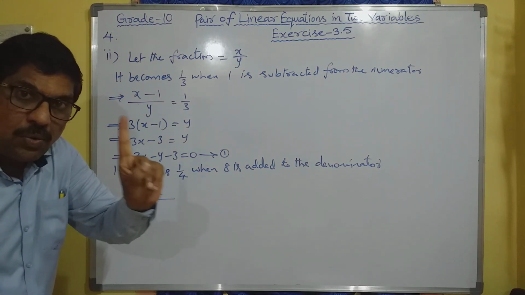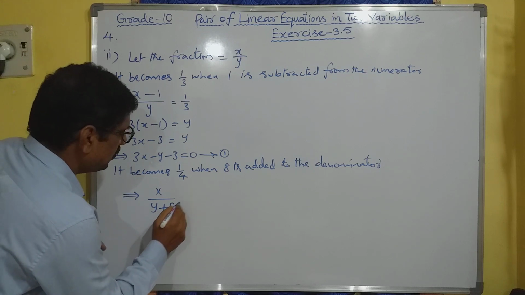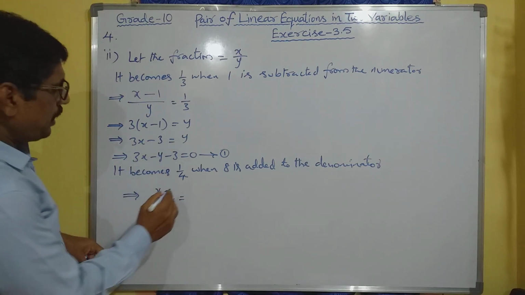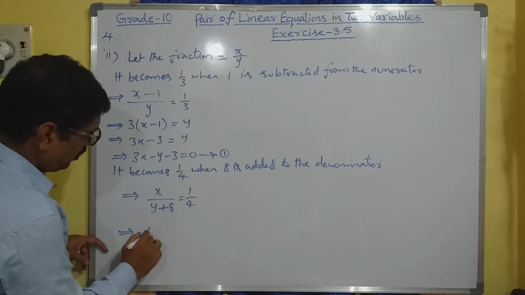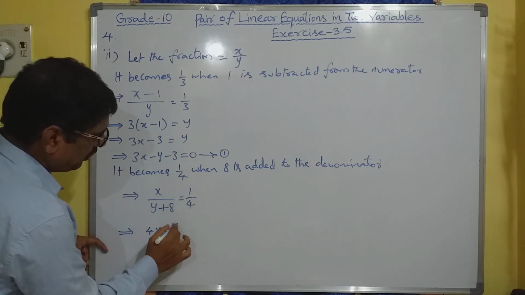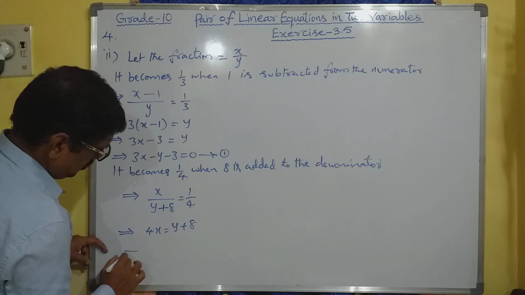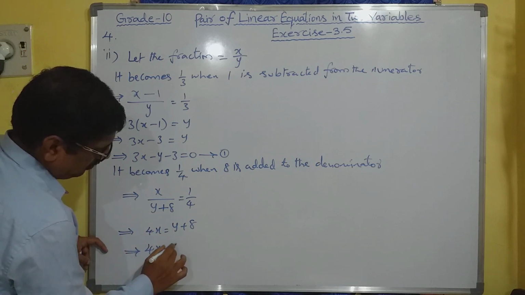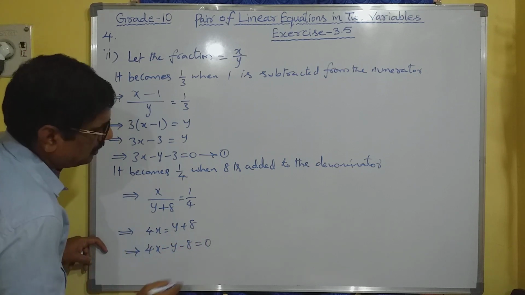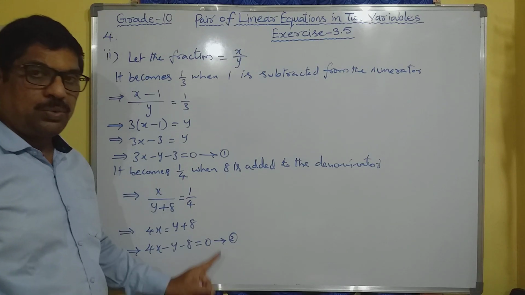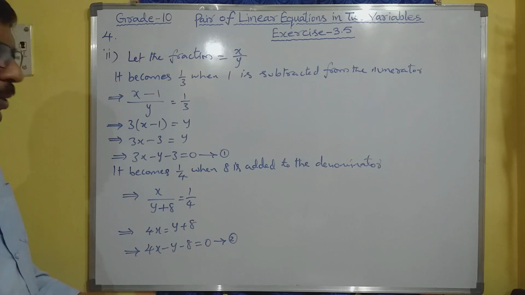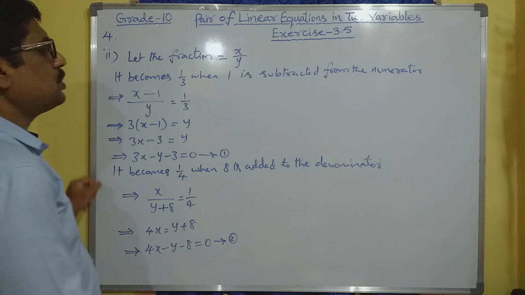Here 8 is added only to the denominator, so y plus 8. Then it becomes 1 by 4. Now again do the cross multiplication. 4 into x, 4x is equal to 1 into y plus 8, which is y plus 8. So this implies 4x minus y minus 8 is equal to 0. Now we have two equations. By using any one of the methods, we can solve the equations.